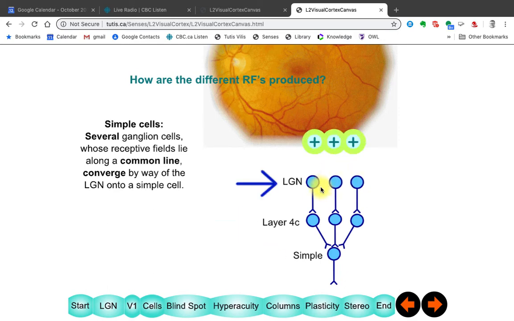These cells here would have a similar configuration as would these. And if you combine all these onto a simple cell, that simple cell will have this shape of receptive field. Okay? It will be a bigger receptive field, and it'll be sensitive to a horizontal line.